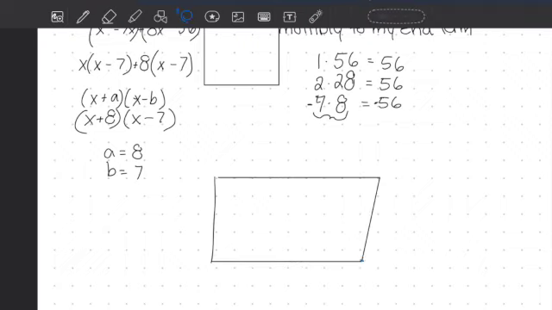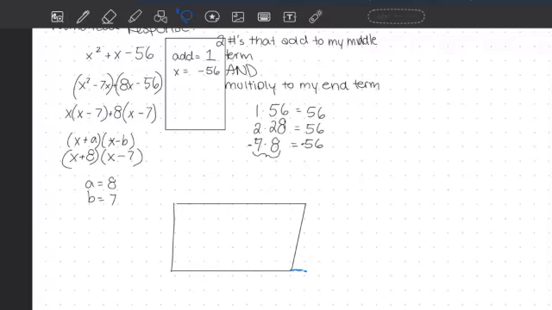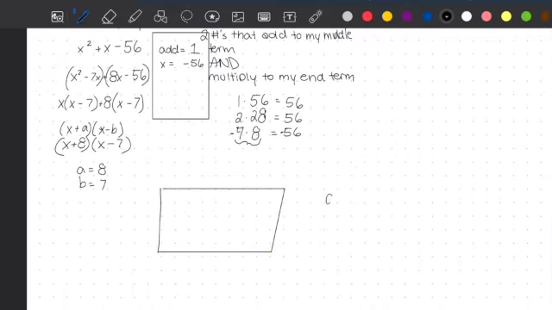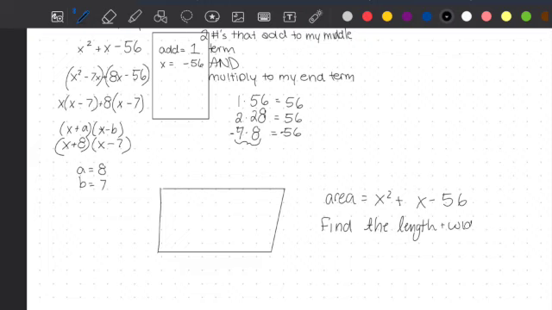This is my garden. I don't know the length and the width of my garden, but I know that my area equals x squared plus x minus 56. Find the length and width of the garden.